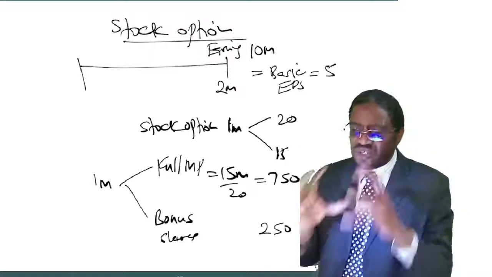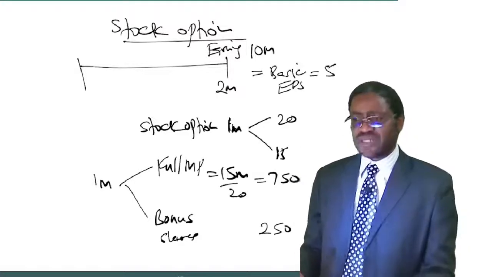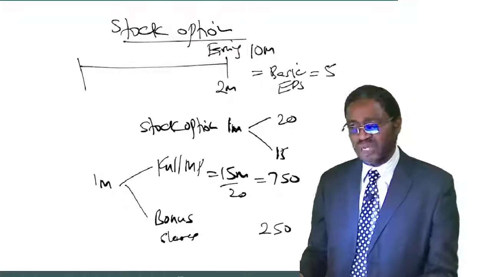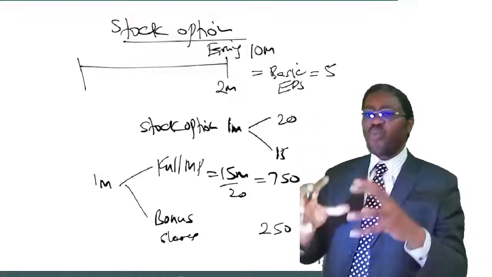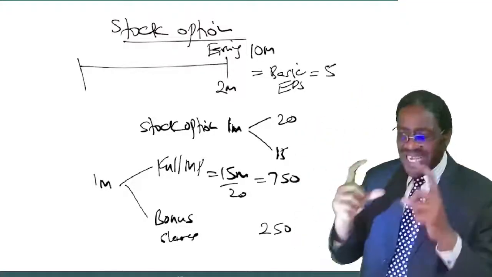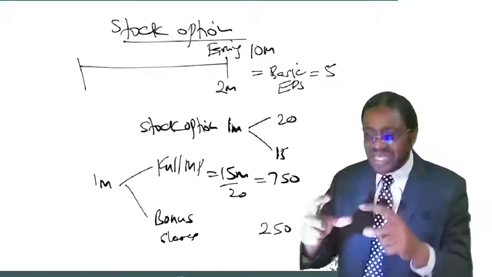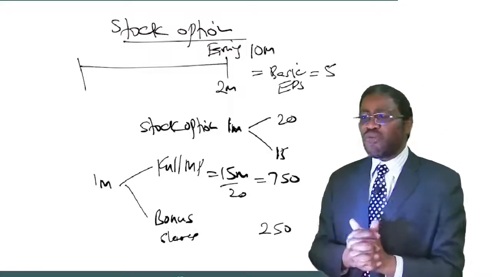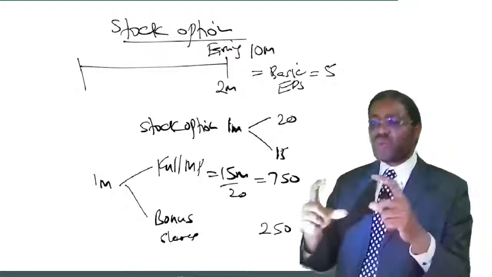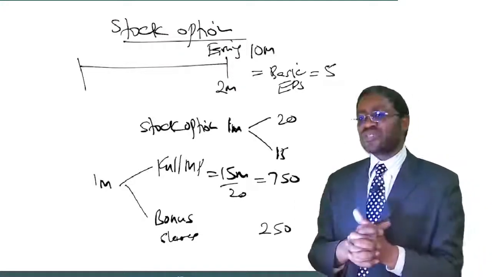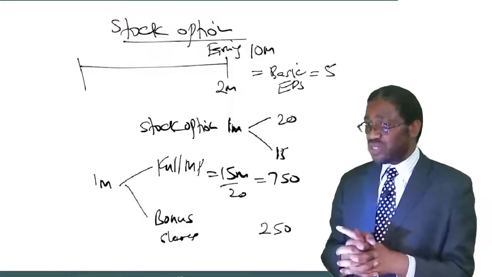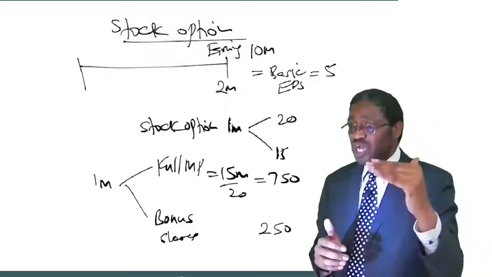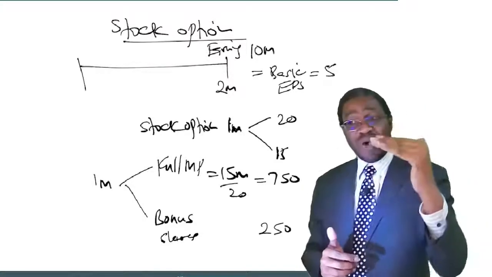Which of these two components do you think will dilute the interest of the existing shareholders? Guys will come into the future, they will buy 1 million shares.